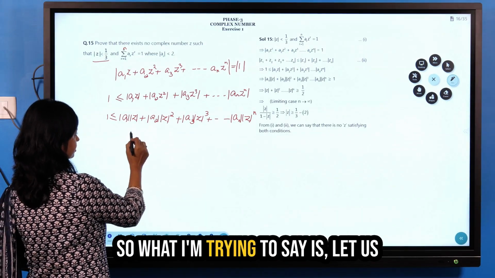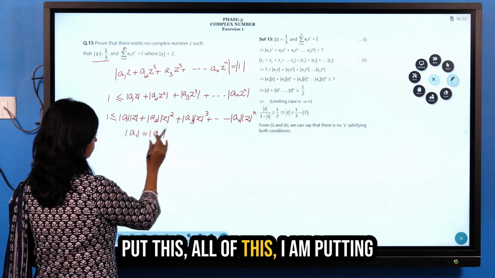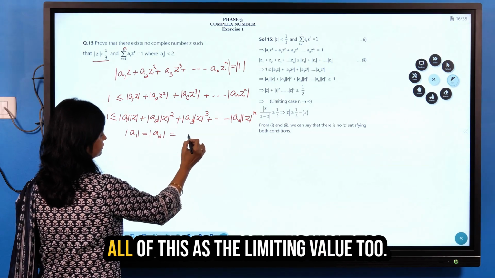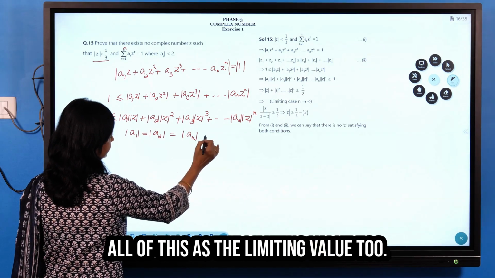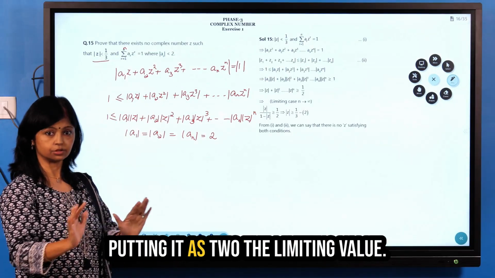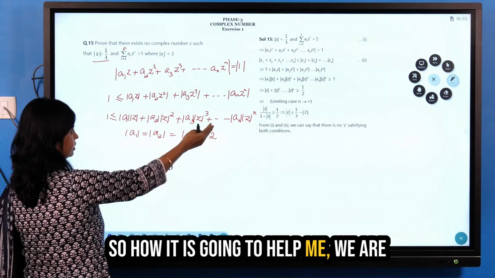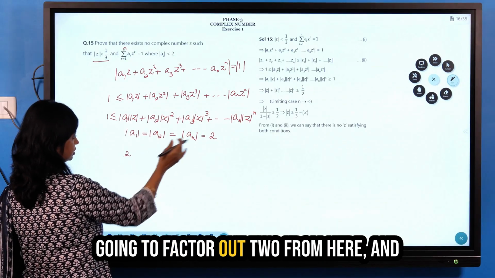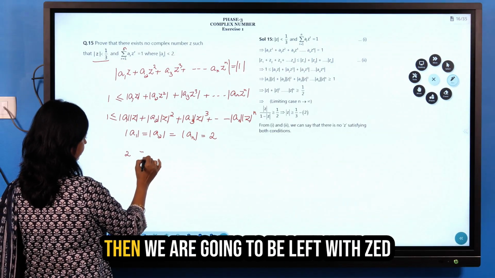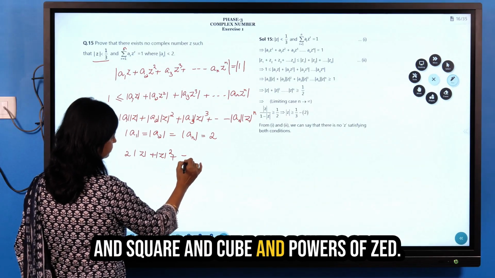So let us put all of these at the limiting value, 2. It is always less than 2, but I am putting it as 2. How is it going to help me? We factor out 2 and are left with z, z square, z cube and powers of z.